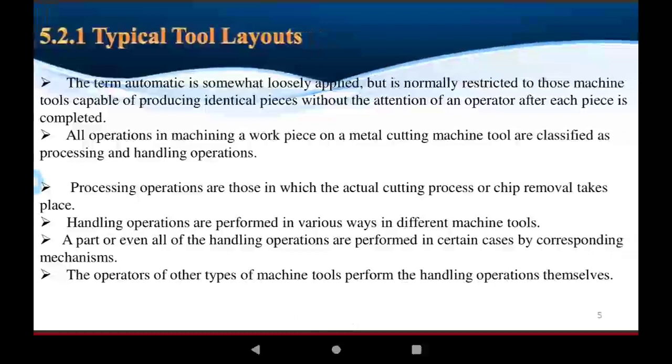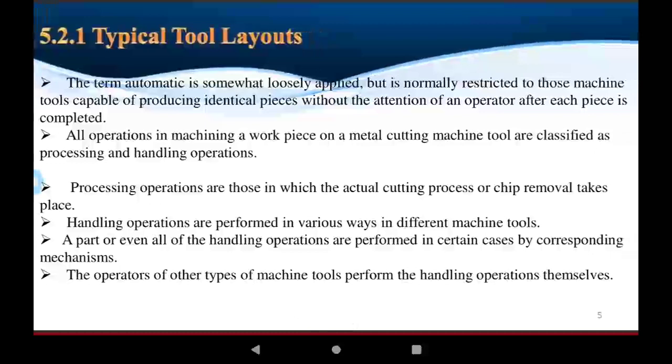the machines is also selected for the one identical component with a very smooth surface achieved without the attention of the operators. This is one machine, one operator at a time. The cutting machine tools are classified as processing and handling operations.